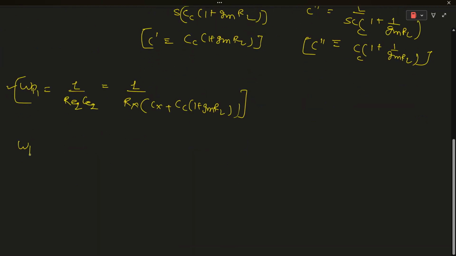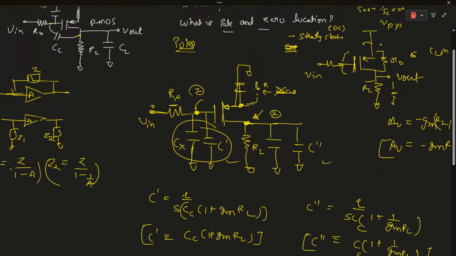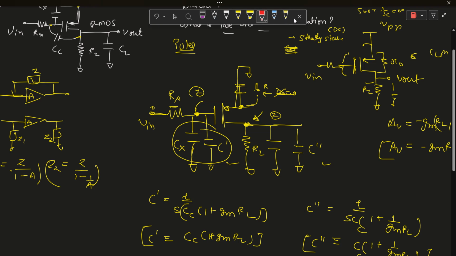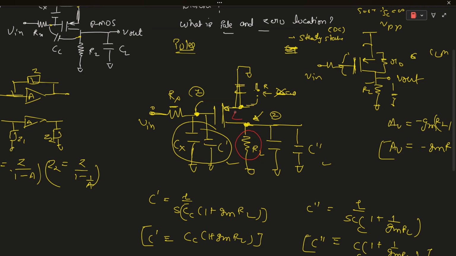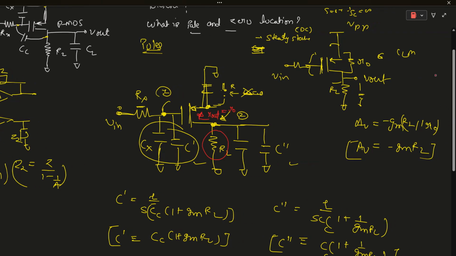To find the second pole frequency, omega p2, we consider R equivalent and C equivalent. There is another resistance, the output resistance of the MOSFET, R naught, but we didn't consider channel length modulation. Lambda is 0, so R naught, which depends on 1 upon lambda ID, is infinite.